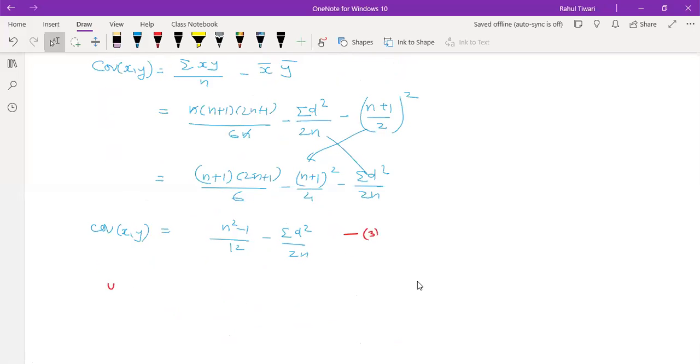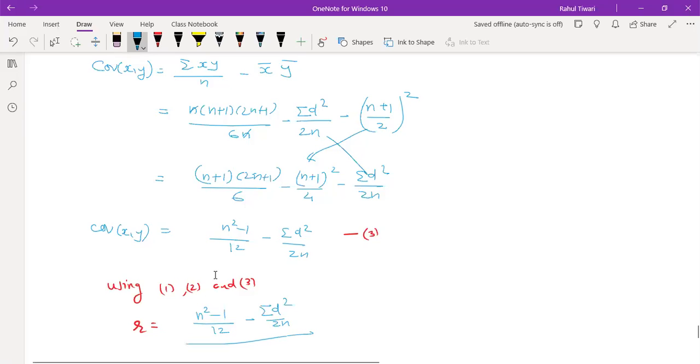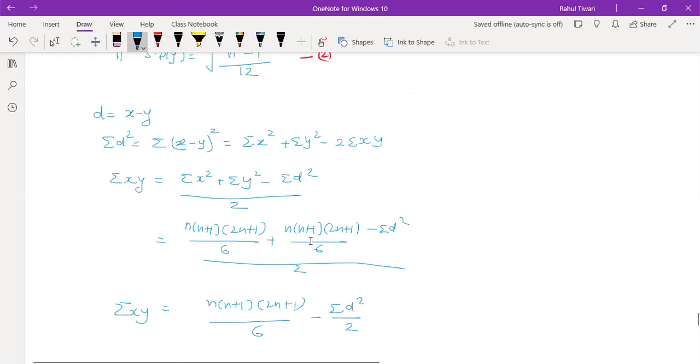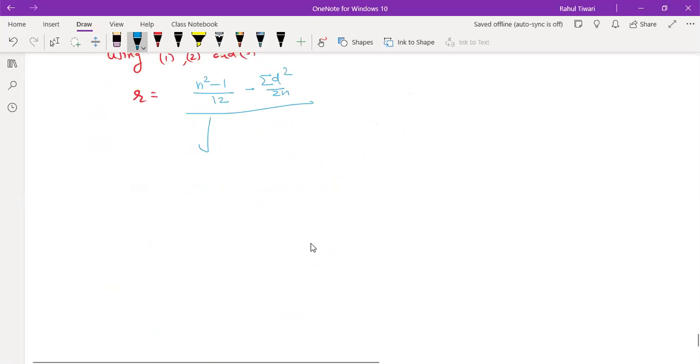So using now 1, 2, and 3, we have the formula for r, which is covariance, n square minus 1 upon 12 minus summation d square upon 2n, upon standard deviation of x into standard deviation of y, which is this one. The square root of n square minus 1 by 12 into square root of n square minus 1 upon 12.